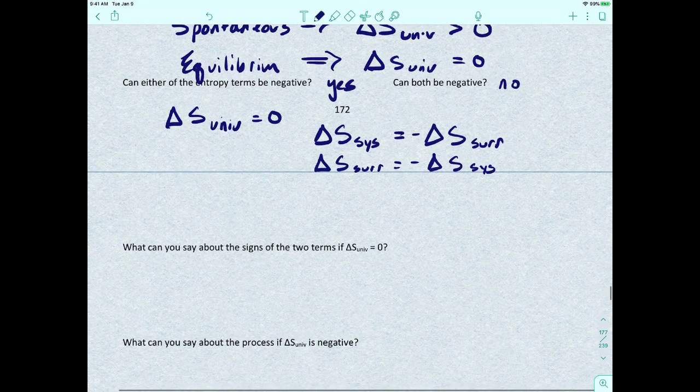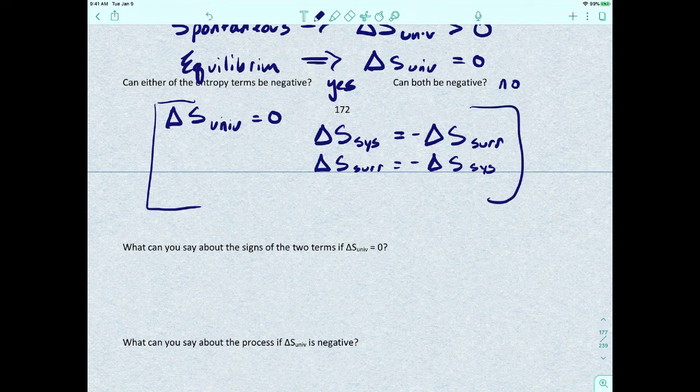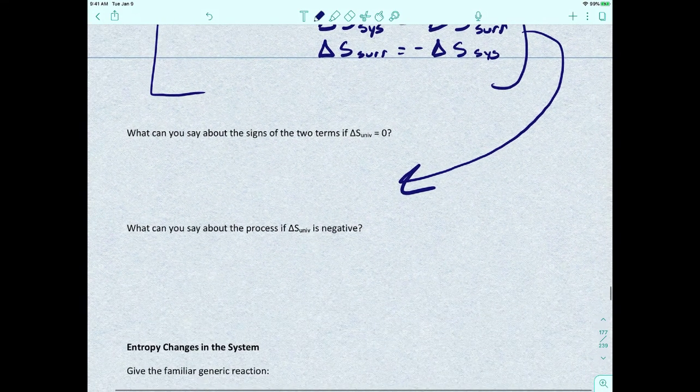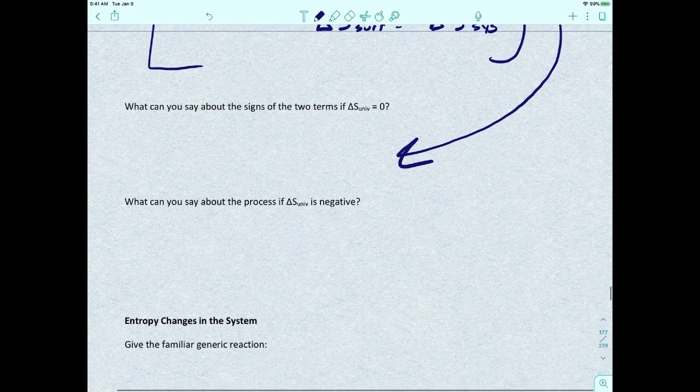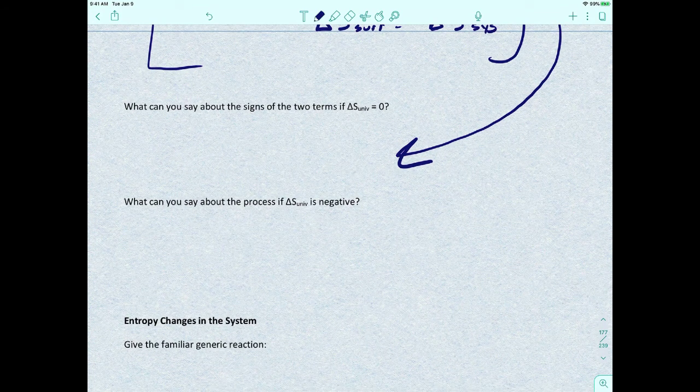Now, what can we say about the two? Sorry about that, I just wrote this part and it should have been over here. All right, so what can we say about the process if the change in entropy of the universe is negative?